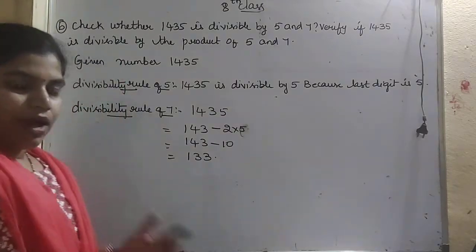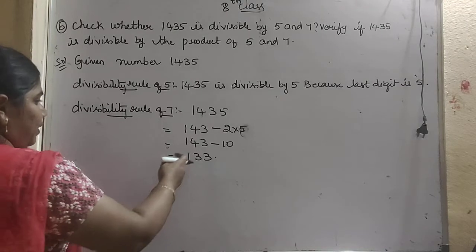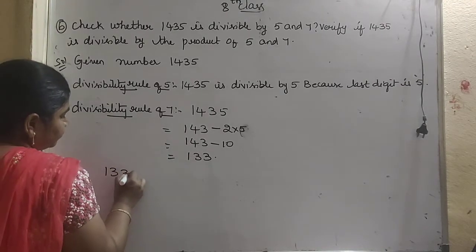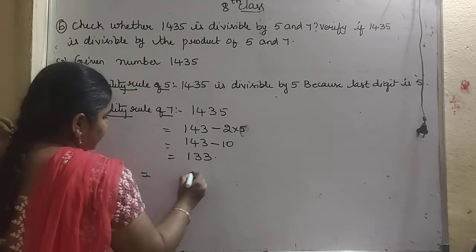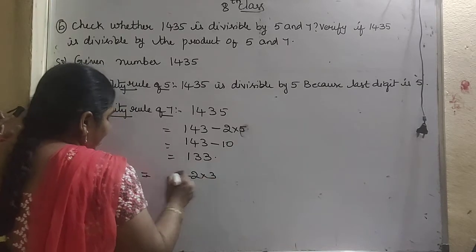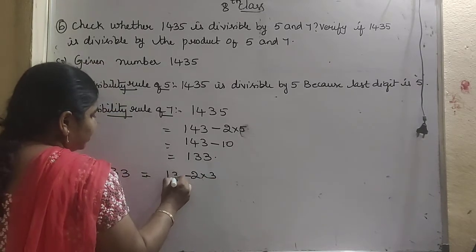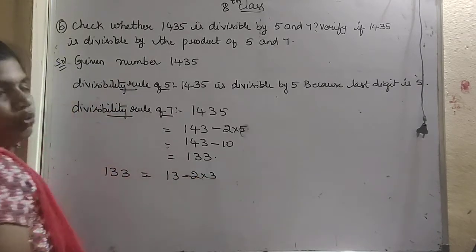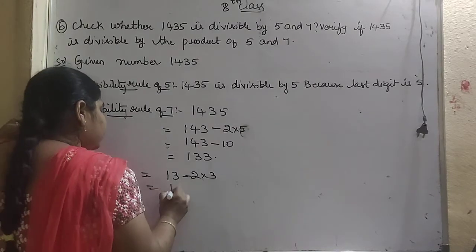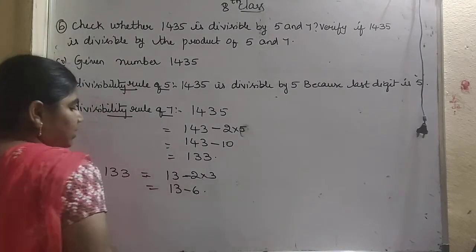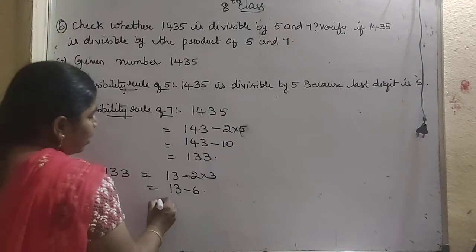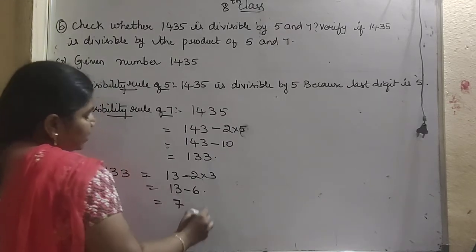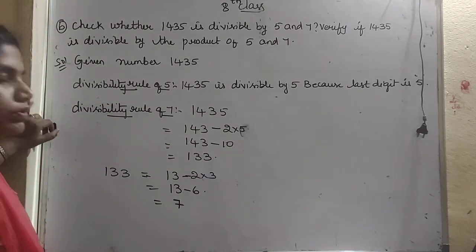So again we have to repeat the process. Twice the last digit, that is 2 times 3, subtracted from the remaining number, that is 13 minus 2 into 3. So it will be 13 minus 6. How much is 13 minus 6? It is 7. 7 is a multiple of 7, so it is divisible.